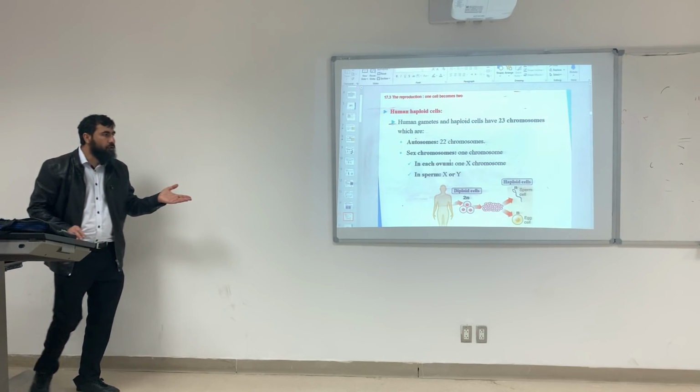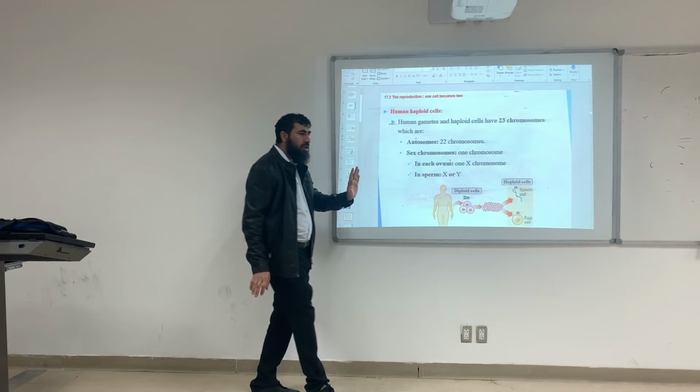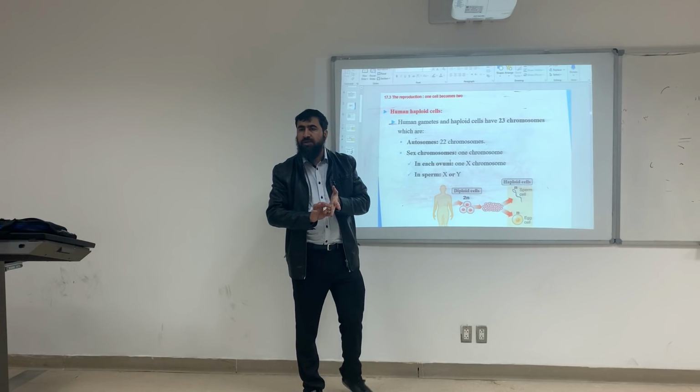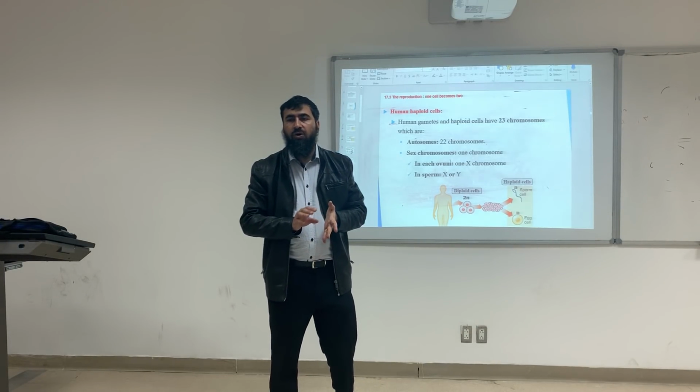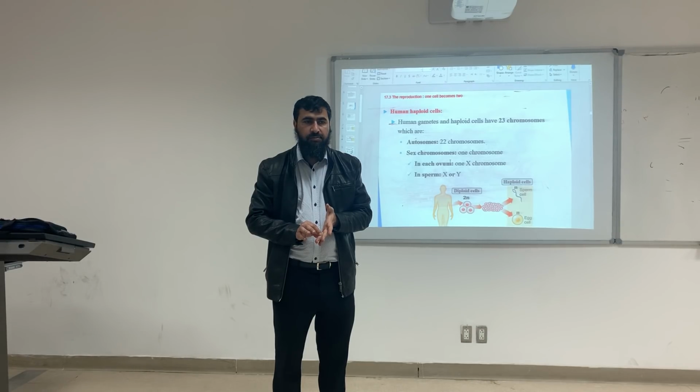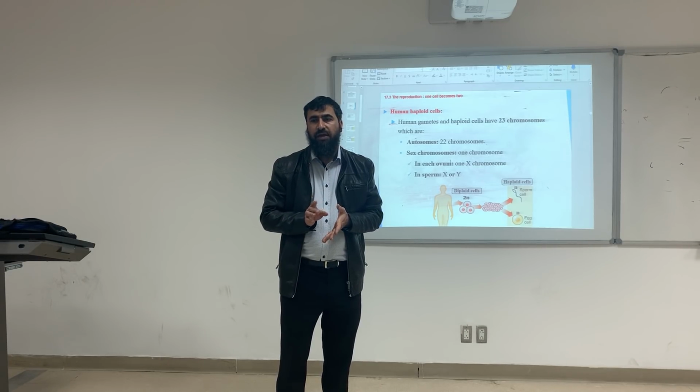In terms of haploid, you find it in the gamete, so you have 22 autosomes and either X or Y. If it's the sperm, you can get X or Y. If it's the egg, you can only get X.